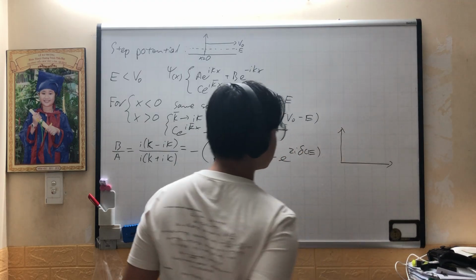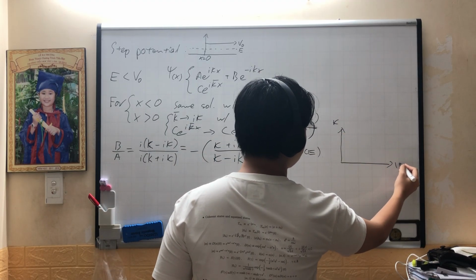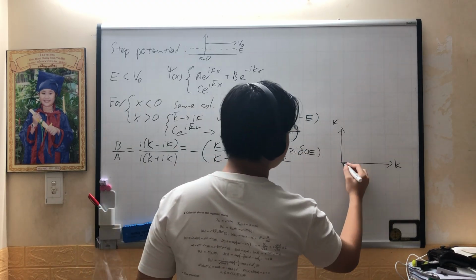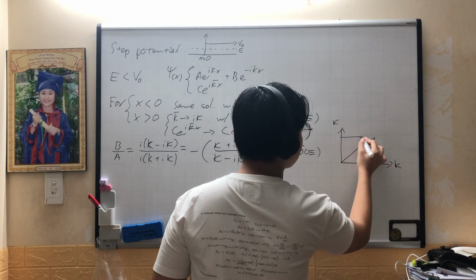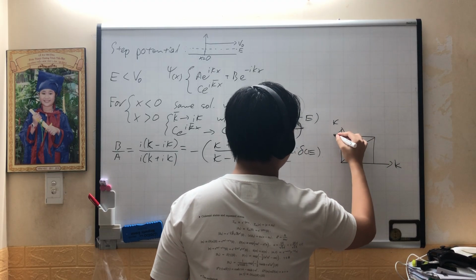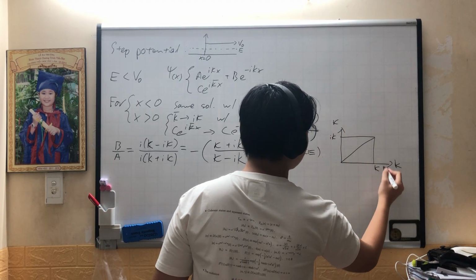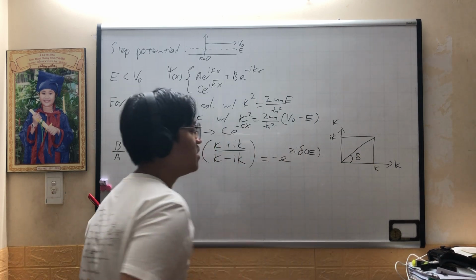So this is the kappa, this is the k. It would be some sort of line. This is k and i kappa, this is k, goes to here. This angle we call delta.